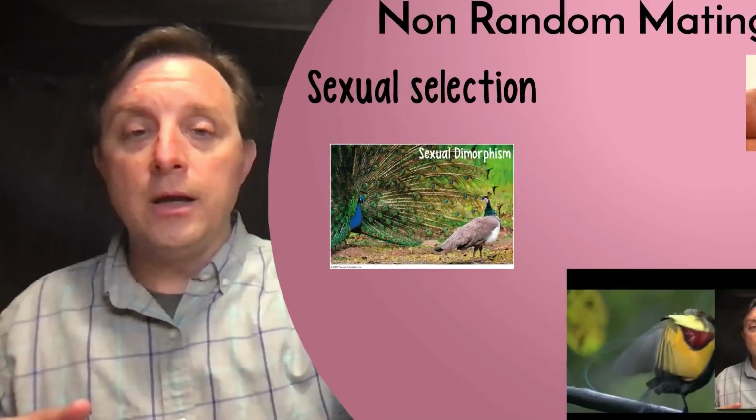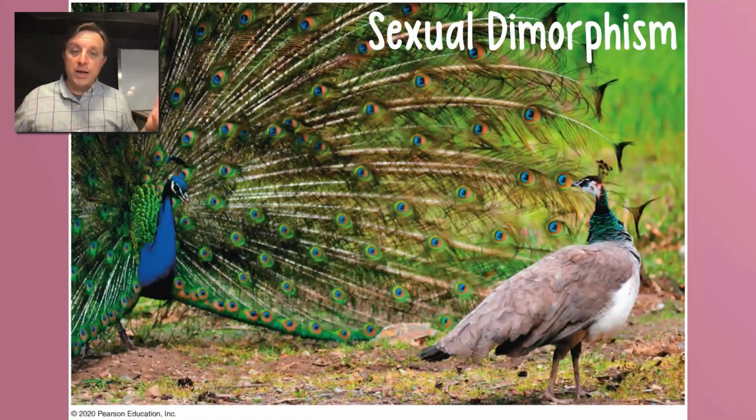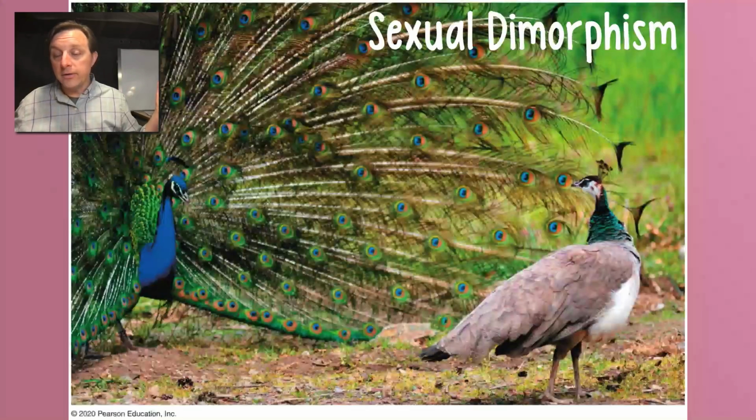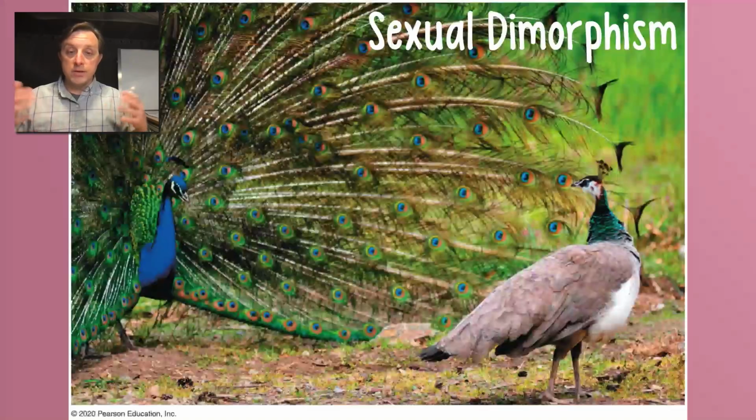And we certainly see this when we think about the peacocks there on the left versus the peahens. The peacocks are bright colors. They have the big, flamboyant, showy tail feathers. Peahens don't have those. This is a result of sexual selection, and it is called sexual dimorphism.